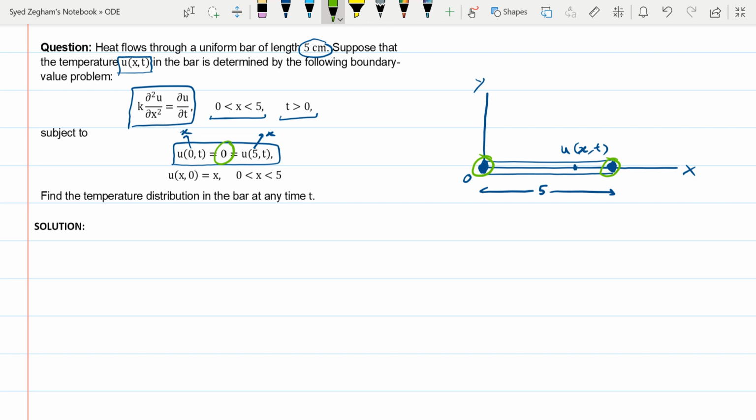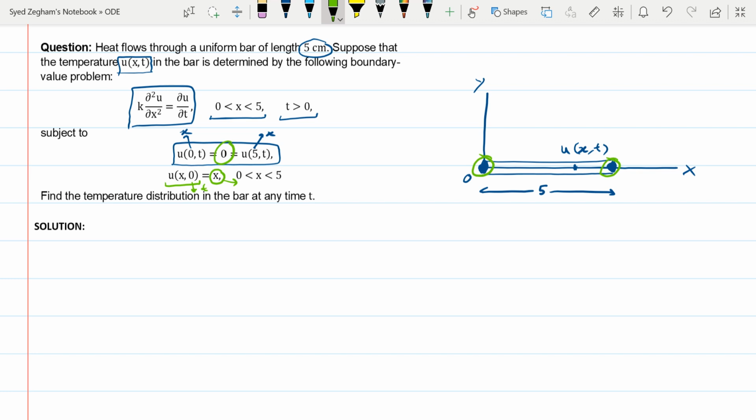And the other condition is the initial condition, the second one, that u(x,0) means the temperature at any position x at time t equal to 0. This is our time, right? So the temperature at any position x on the bar at time t equal to 0 is given by a function which is the same as x. Depending on the question, this function may change.